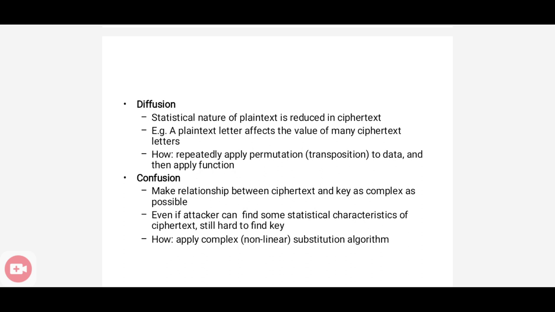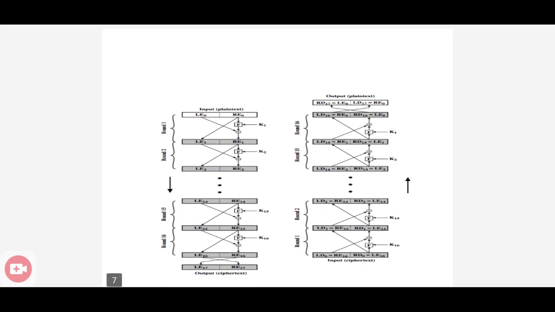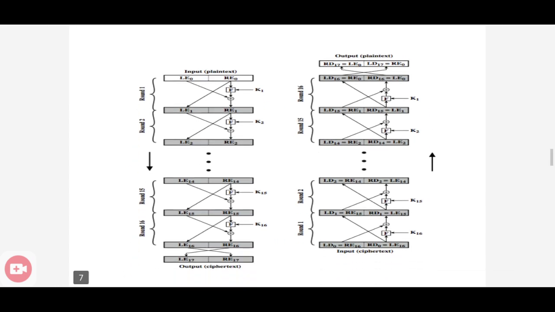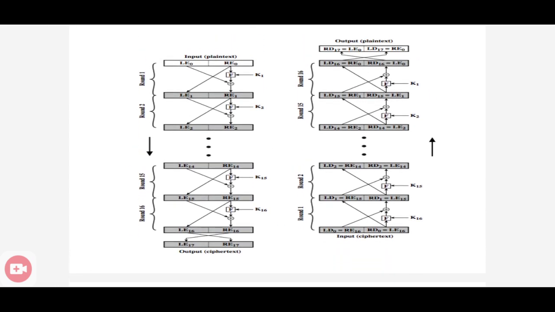So these are the two concepts applied in Feistel structure. Next we can see the structure of Feistel. First we have encryption. Feistel structure is reversible. That means if we have an encryption, it can be reversed, that means we have a decryption procedure.